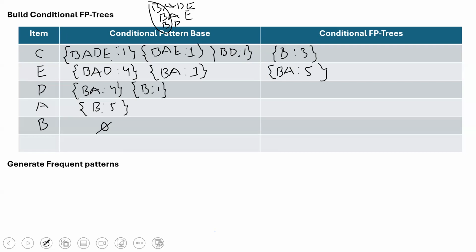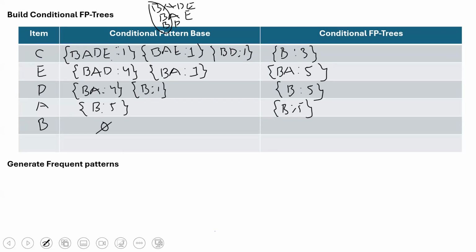Okay. And now what is common in these 2? Only B, which is 5. What is common in these 2? B5, B5. Only B5 is common.